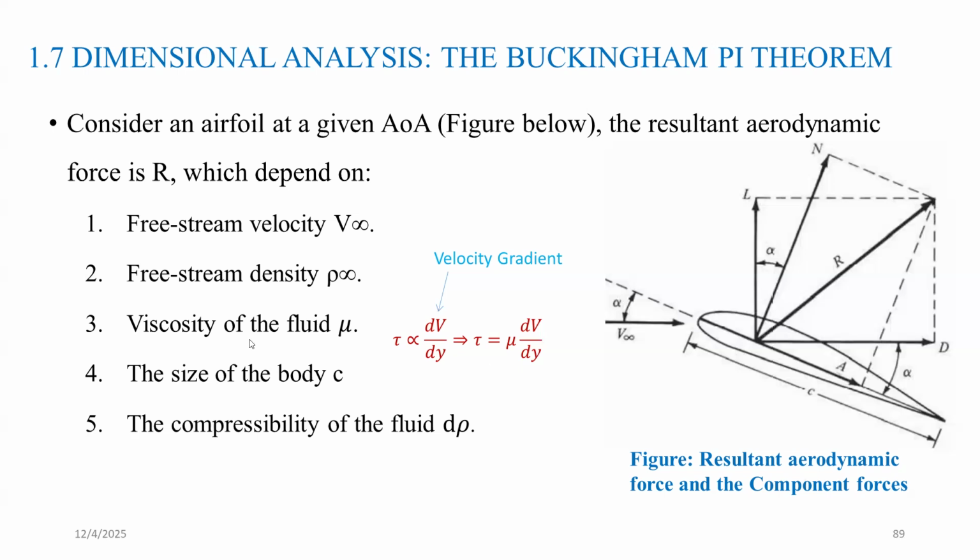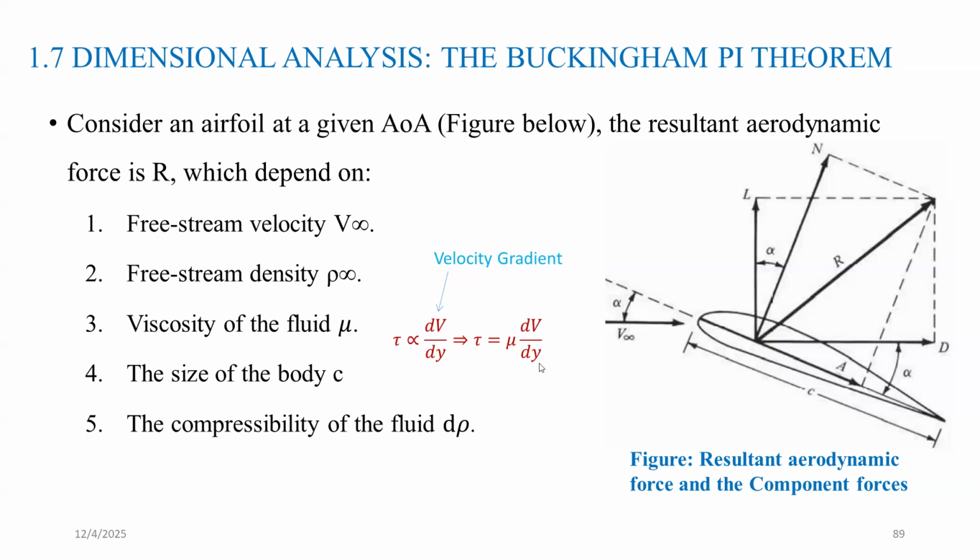The shear force is directly proportional to the velocity gradient, so the proportionality constant is the viscosity coefficient, mu, in tau equals mu times dv/dy.